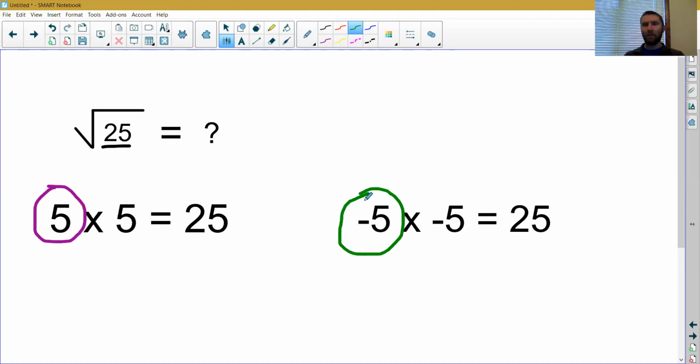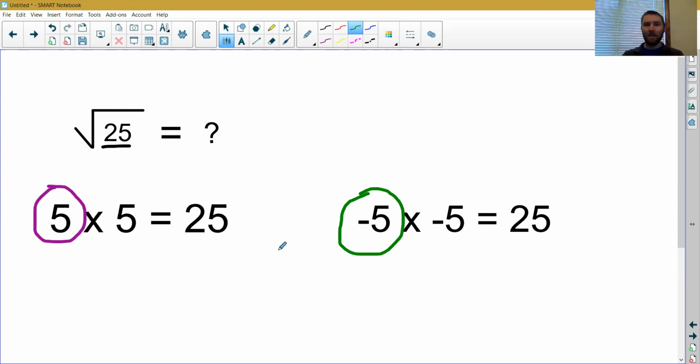Okay, and this is actually always true. Regardless of what square root you are doing, anytime you take a square root of a number, there are always two options. There's always a positive option, there's always a negative option. Okay? They're always the same number, but one is positive, one is negative, and they're both perfectly good options for doing a square root. Okay?